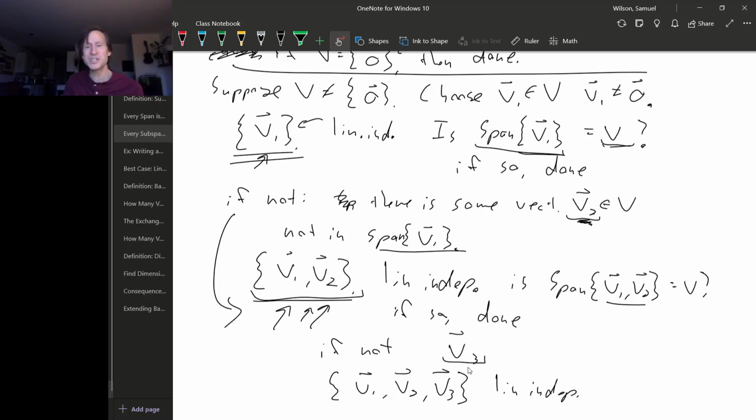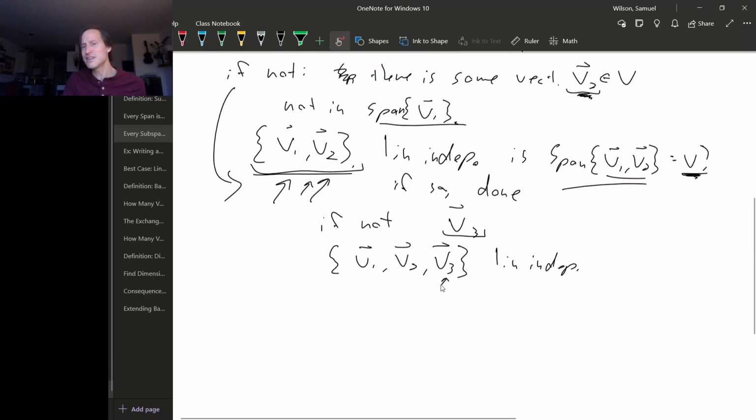Okay, you can see that we just need to keep doing this again and again, right? At every step, we just throw in one more vector and check if we've spanned all of V yet. If we haven't, find one more vector to throw in. I guess the only question is, are we sure that this will ever stop?